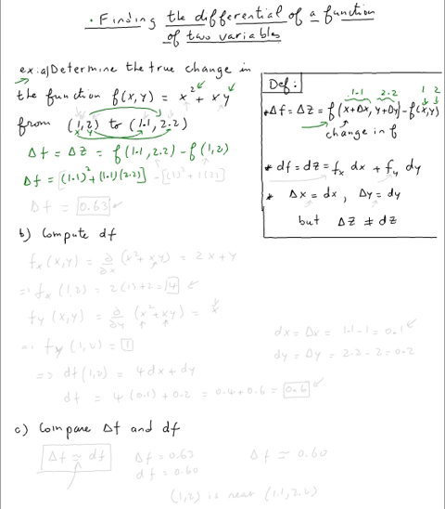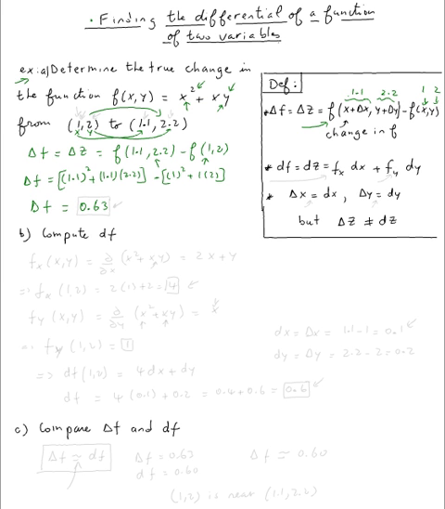This is just this part, minus f(1, 2); again, plug it into the function, 1 squared plus 1 times 2. So use your calculator. If you do that, you're supposed to get 0.63. So this is the change in the function from (1, 2) to (1.1, 2.2).